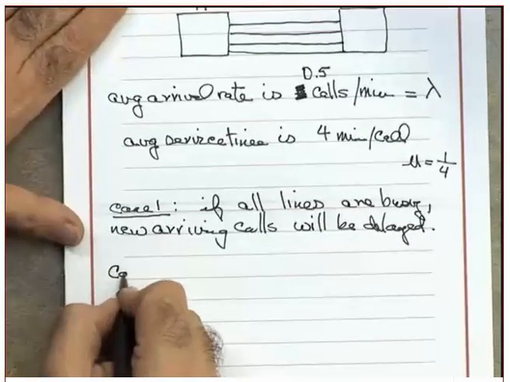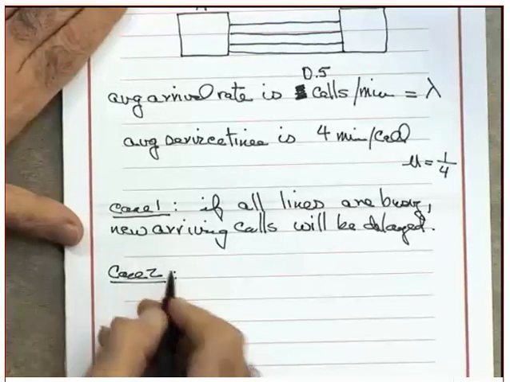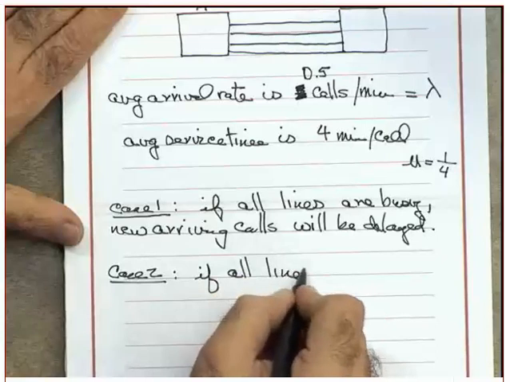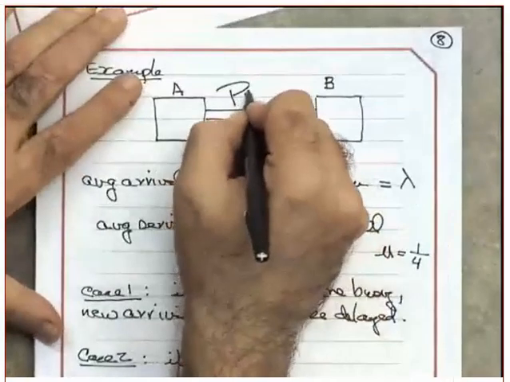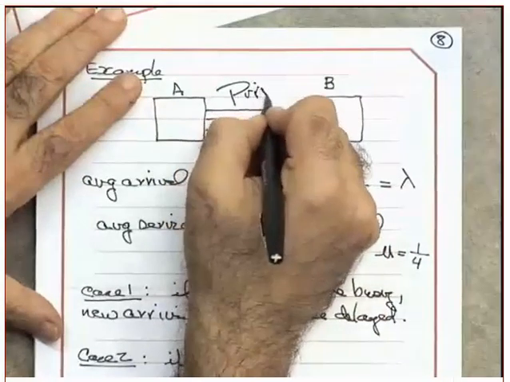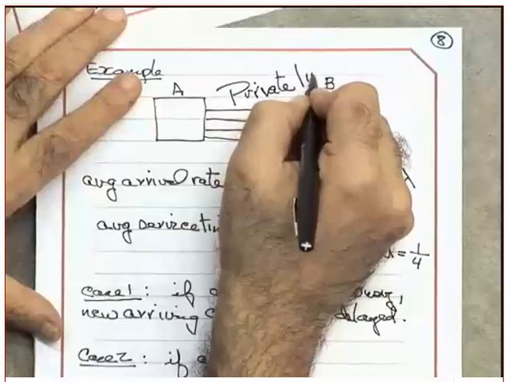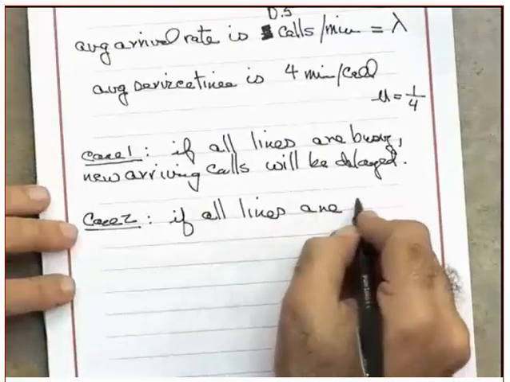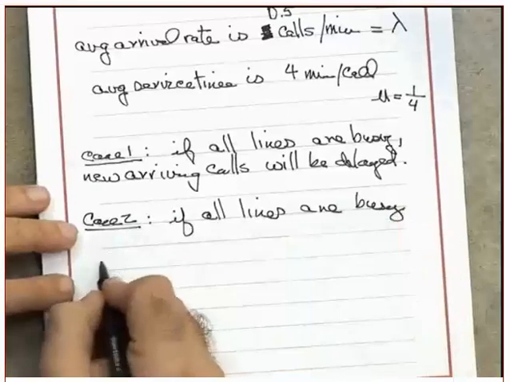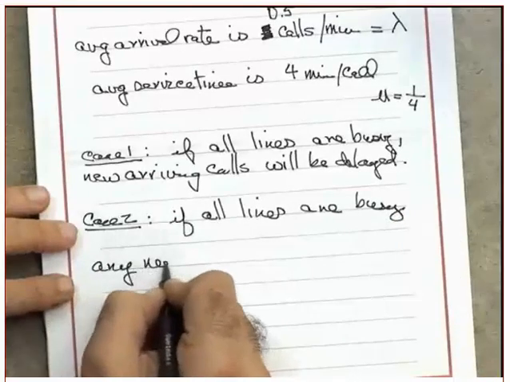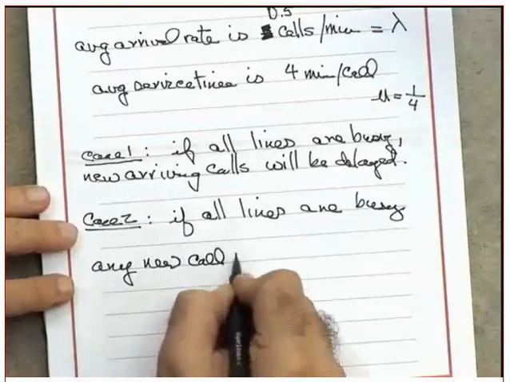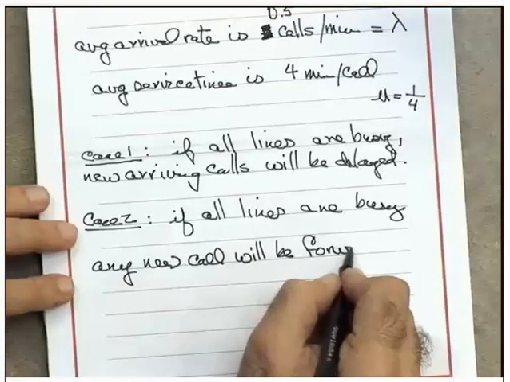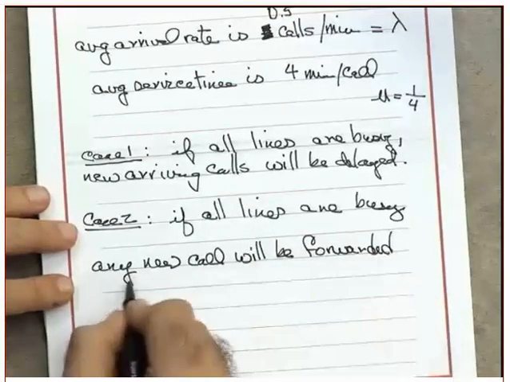And case 2: if all lines, these are all private lines, are busy, any new call will be forwarded to the PSTN.